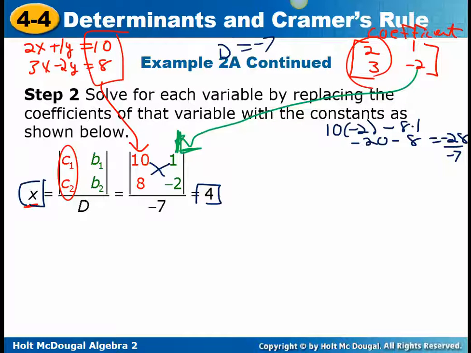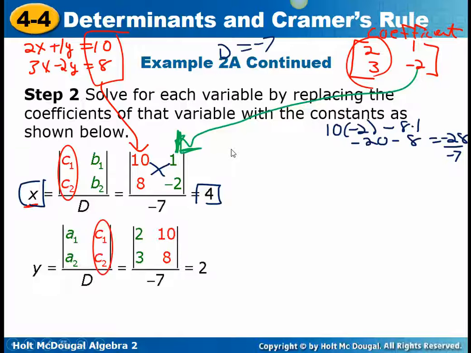The next part is we find y. To find y, we leave the 2 and the 3 here, but we replace the y coefficients from our original coefficient matrix with the 10 and the 8. And then we find the determinant of this matrix.